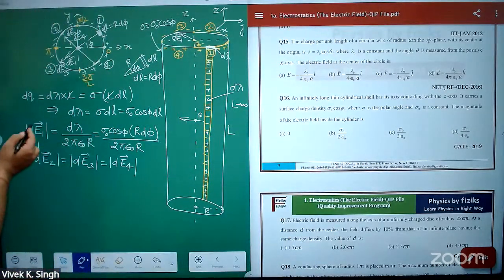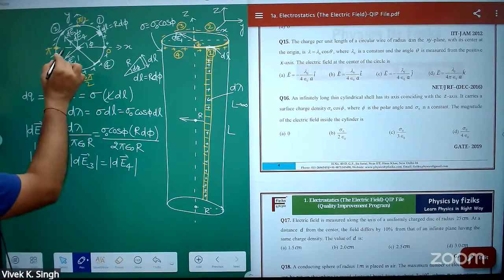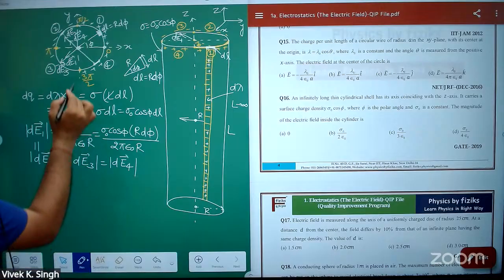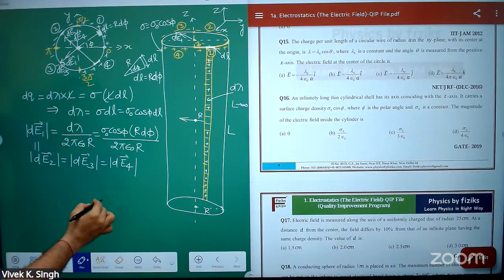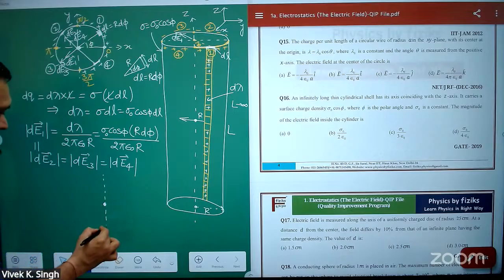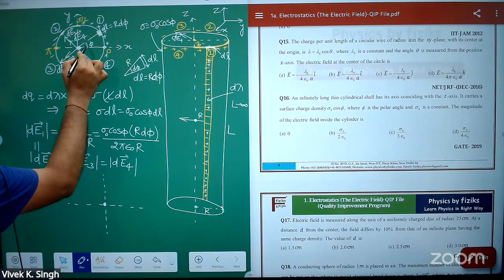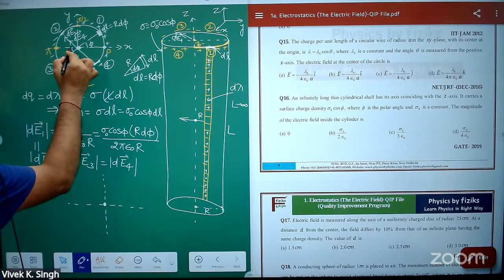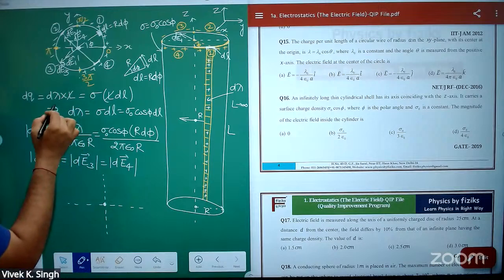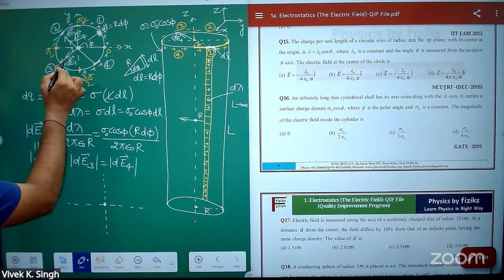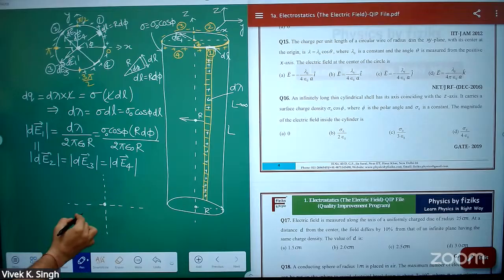Now you have to find the vector sum of all these. So let's resolve in component form at this point. Because this angle is phi, this angle is also phi. So the component of dE1 along this direction is dE1 cos phi, and another will be dE3 cos phi.